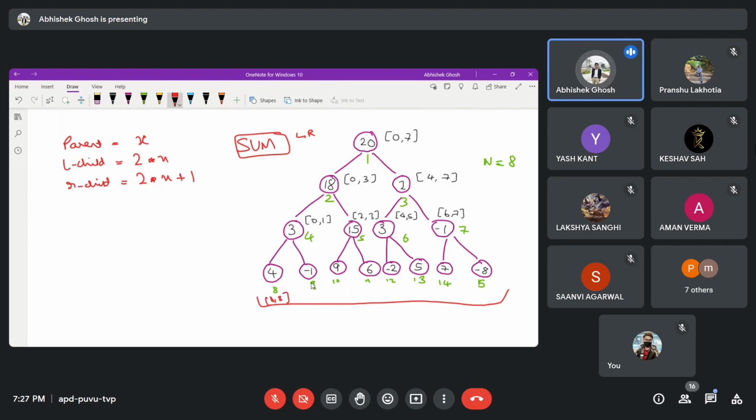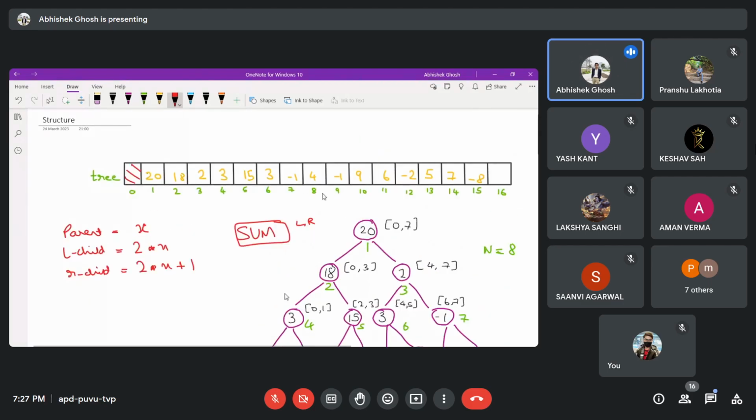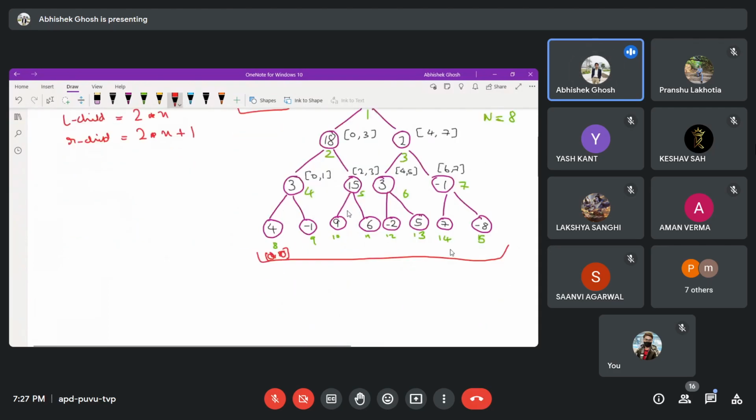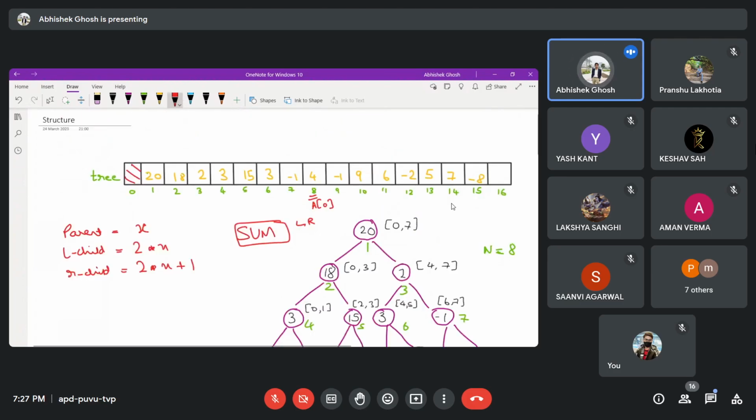So node number 8 stores the array value for 0, and index 14 stores the array value for 6 comma 6, since these are single-element ranges.